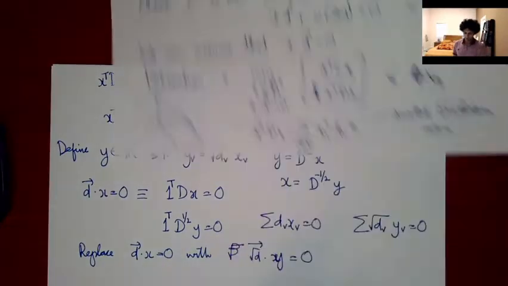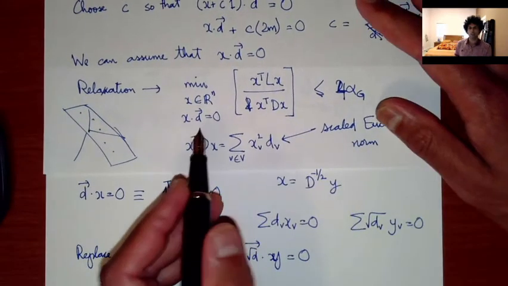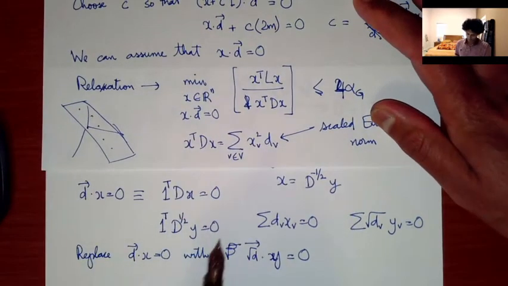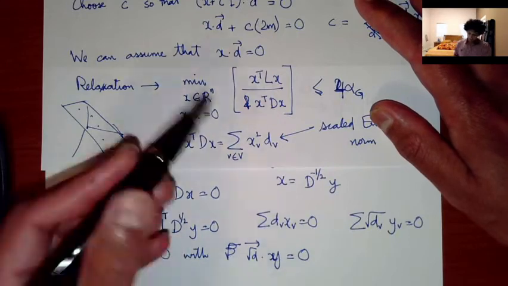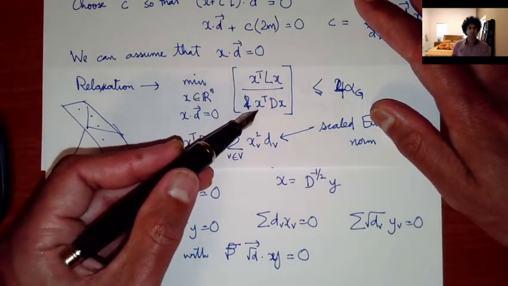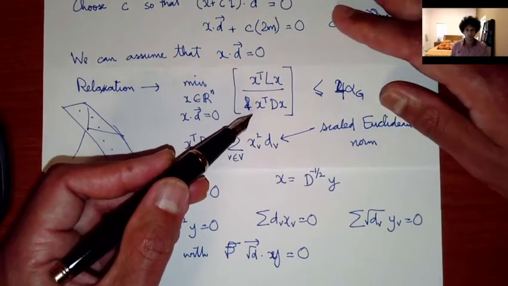So I've shown you that you can replace this by saying y dot the root degree vector is 0. And I've shown you that the denominator can be replaced by a Euclidean norm.